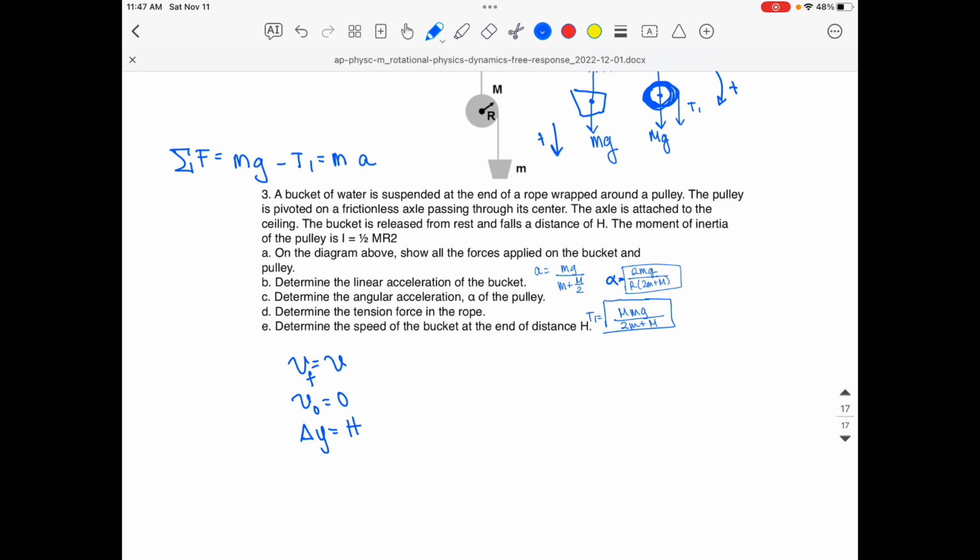And my acceleration is equal to mg all over, I'm going to make this 2m plus M to avoid fractions.